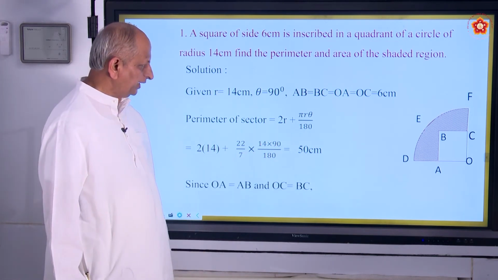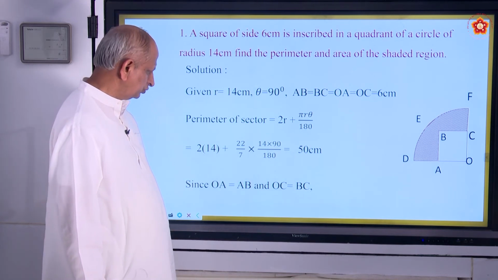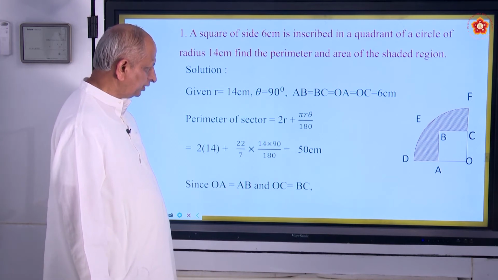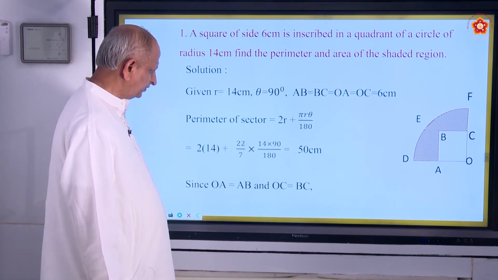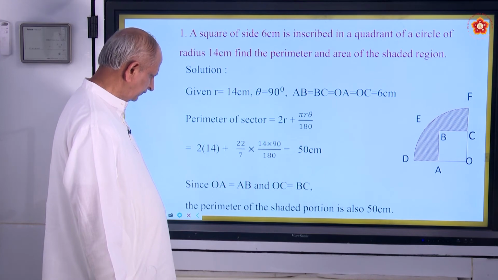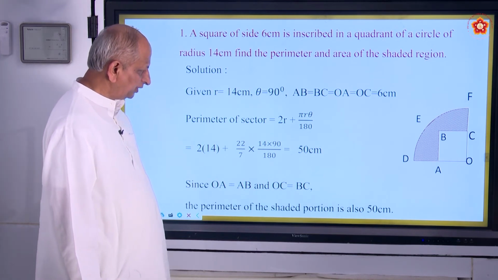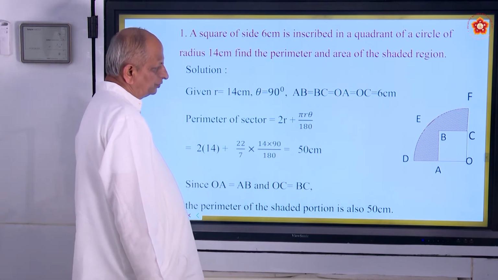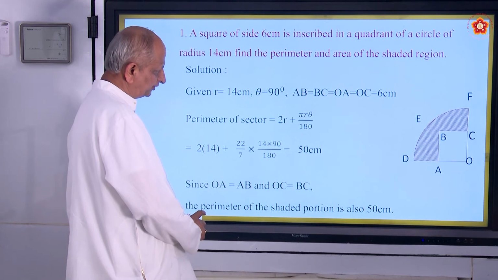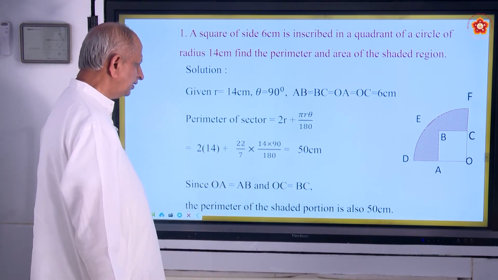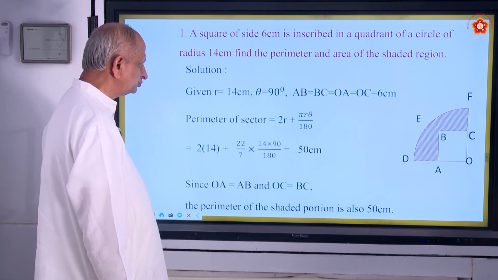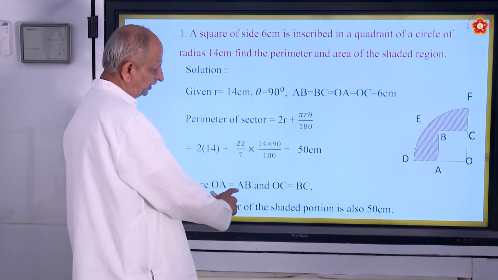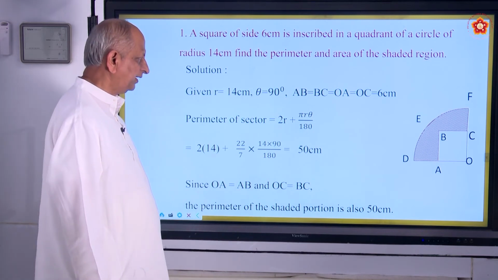Then since OA is equal to AB, OC is equal to BC, because it is a square, sides of the square, the perimeter of the shaded portion is also equal to 50 centimeters, because all sides of that square are equal to 6 centimeters. So the perimeter of the shaded region also becomes 50 centimeters.